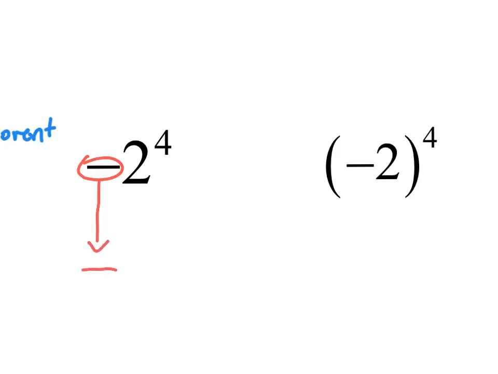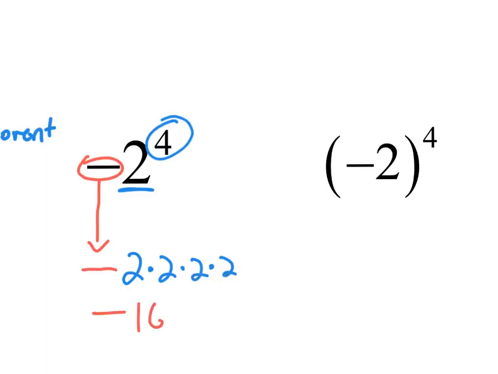And the base, which is 2 in this case, you're going to multiply by itself 4 times, because the exponent is 4. Right here, that's the exponent. So you keep the negative, and when you multiply 2 times 2, that's 4, times 2 is 8, times 2 is 16. So the answer is negative 16.